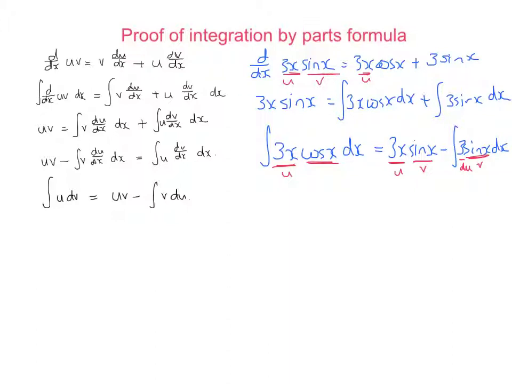And on this left-hand side, I've also got cos x, which is the derivative of v. So I've got u times the derivative of v is equal to uv minus the integral of v times the derivative of u. And it just comes from u times the derivative of v plus v, oops, that one's v, v times the derivative of u.